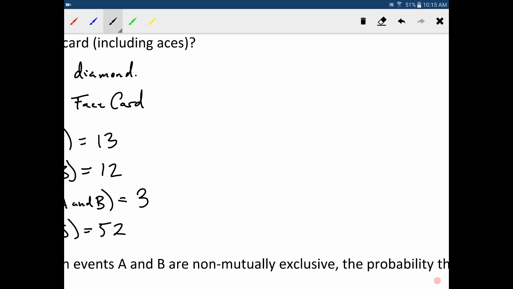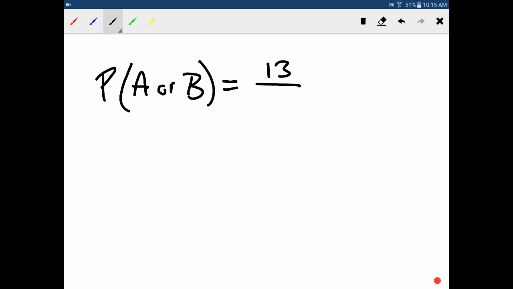So we're going to say the probability of A or B is going to be, first of all, what was the probability of event A occurring? Well, we had 13 out of 52. And then we're going to add the 12 out of 52 face cards.